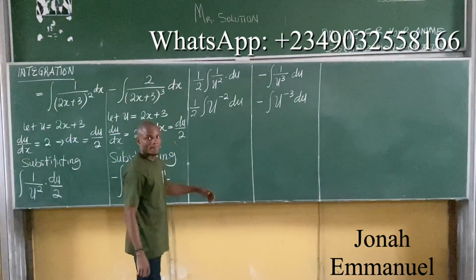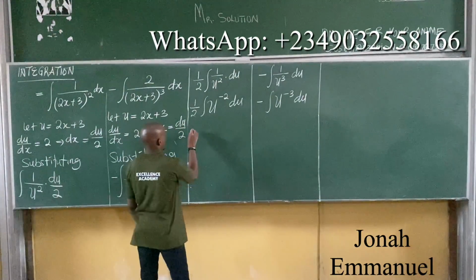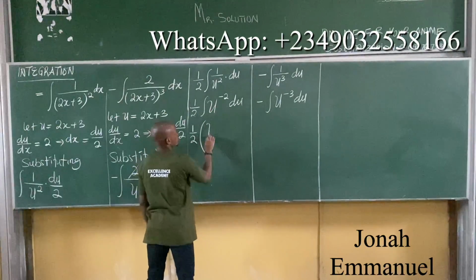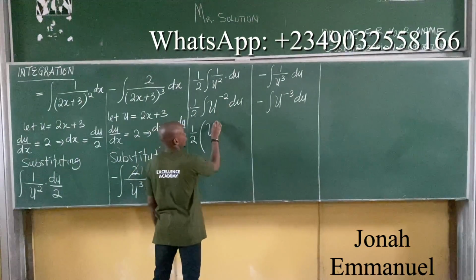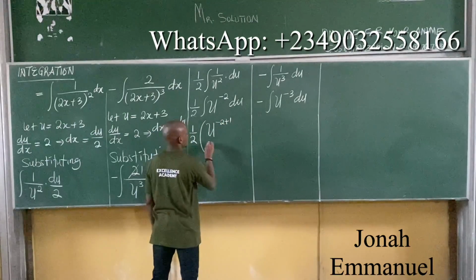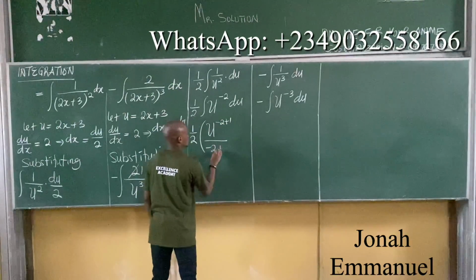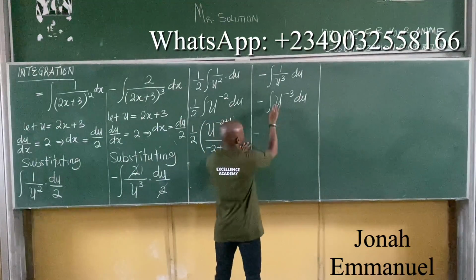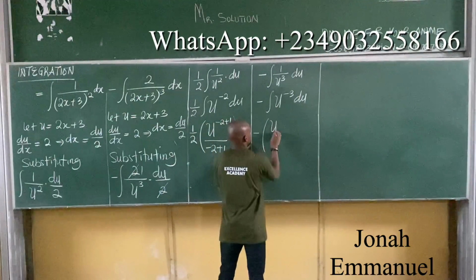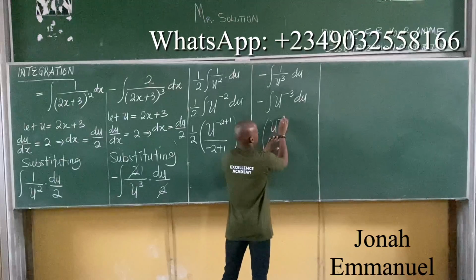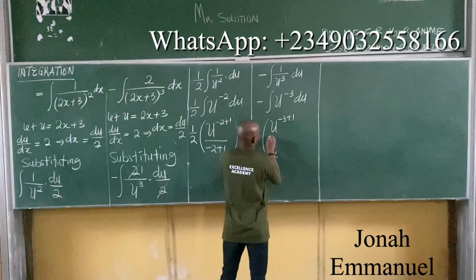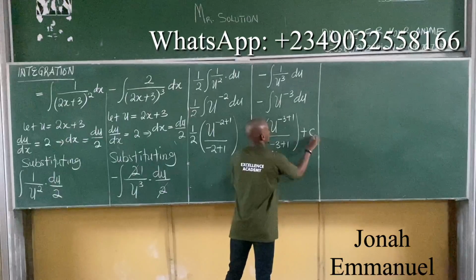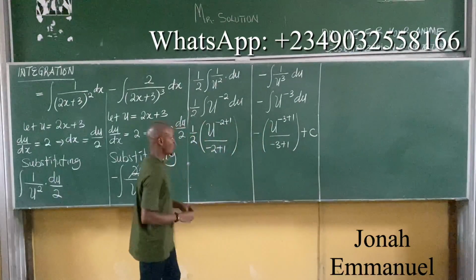Alright, so at this point, this becomes 1 all over 2. If I integrate this, it becomes u, add 1 to the power, minus 2 plus 1, all over minus 2 plus 1. This becomes minus, integrate this, becomes u, add 1 here, minus 3 plus 1, all over minus 3 plus 1, of course, plus c, the constant of integration.